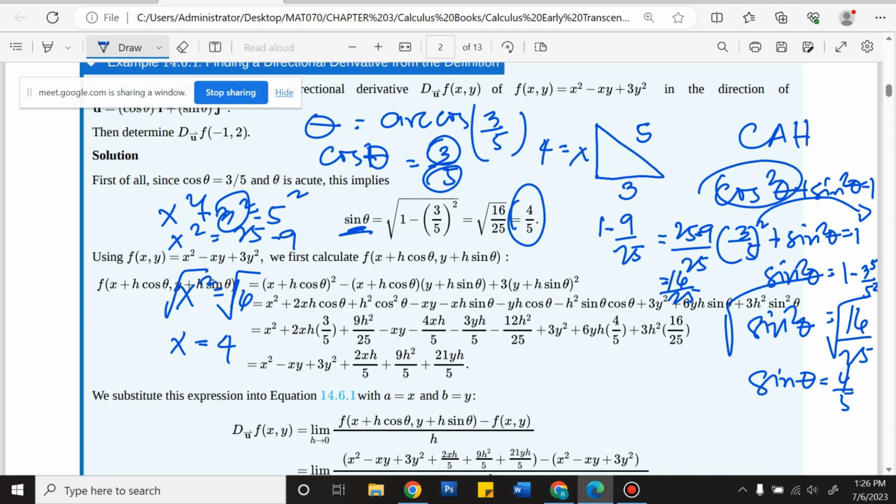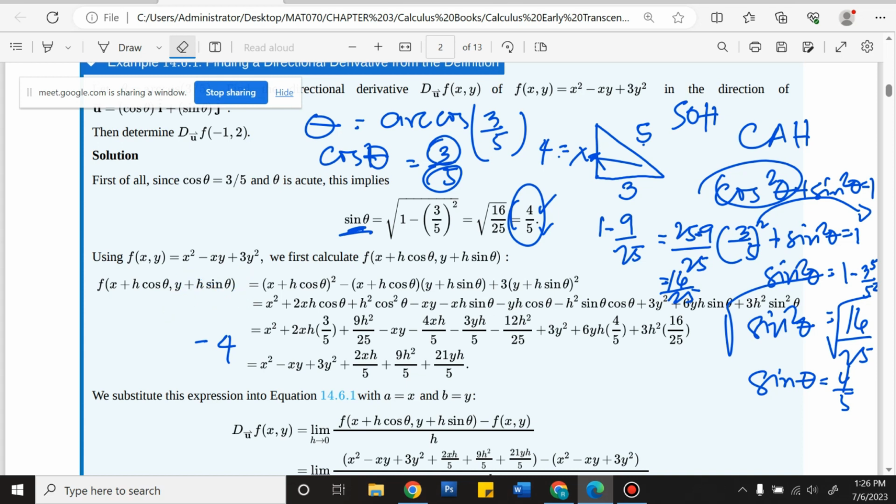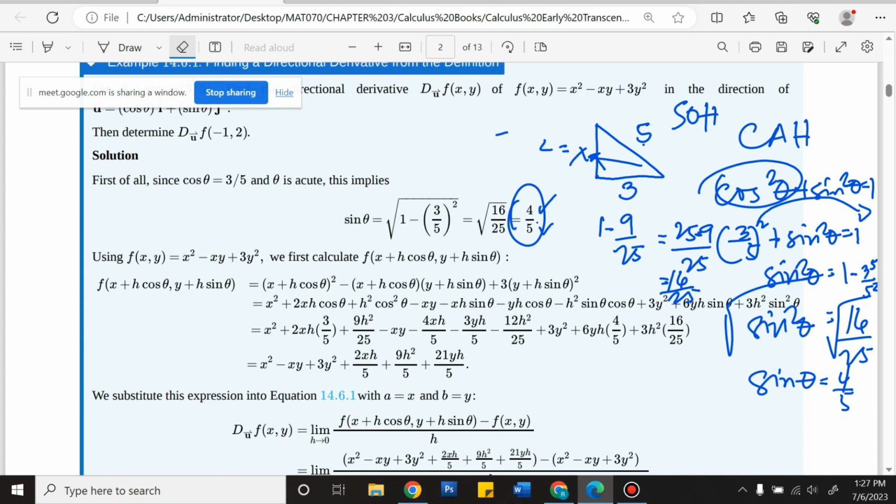Now, sine is opposite over hypotenuse. So, sine theta is opposite 4 and hypotenuse 5. Okay? So either you can use the identity, or you can use the Pythagorean theorem. Now, let's proceed.